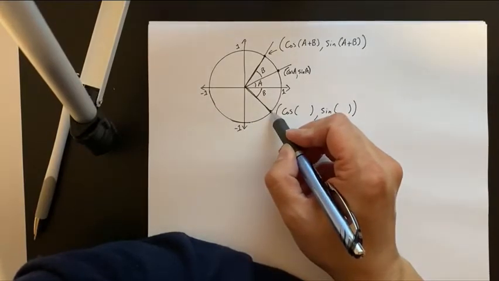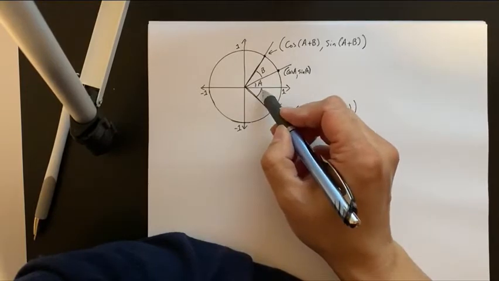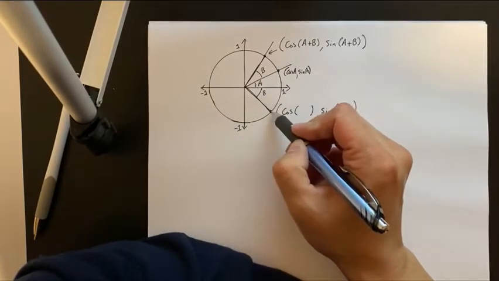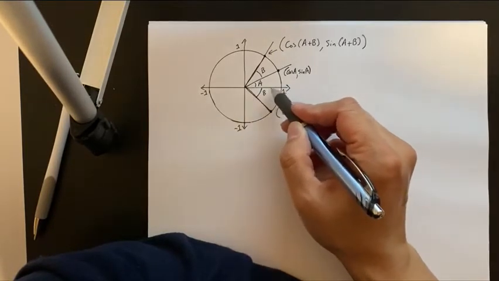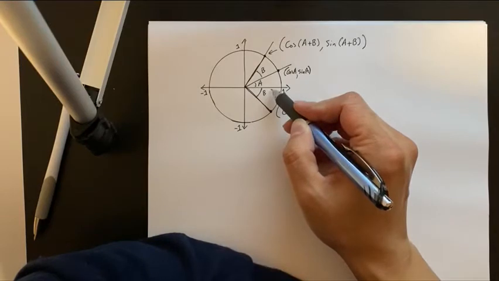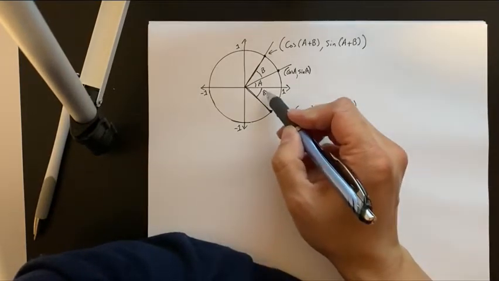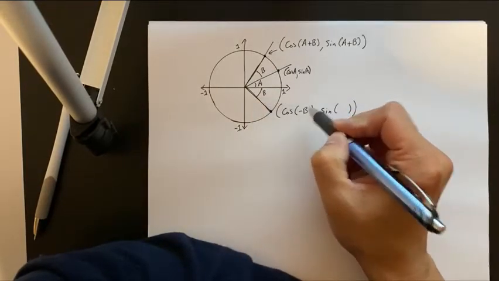Well, for this position, remember cosine and sine call out the angle from the initial side to the terminal side. In this case, since the initial side to the terminal side is going clockwise, you'll get the angle B, but it's going to be a negative B because we're going clockwise.